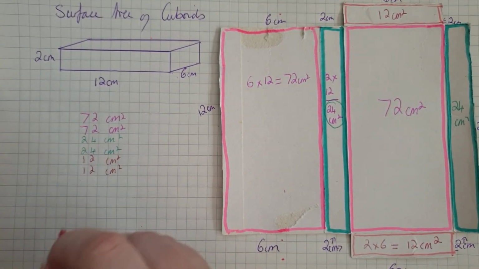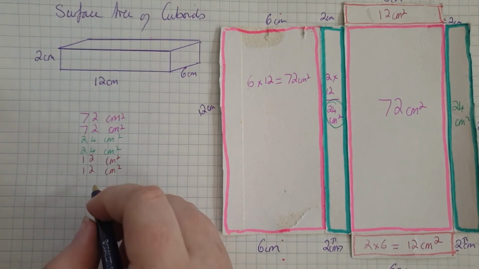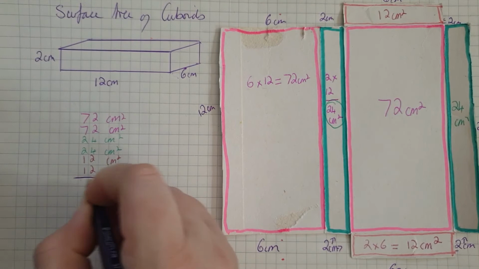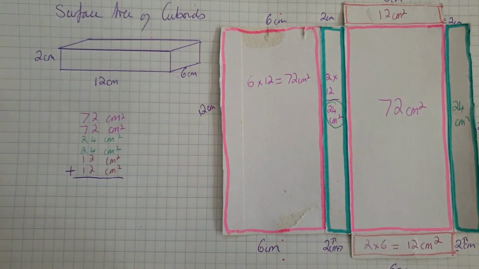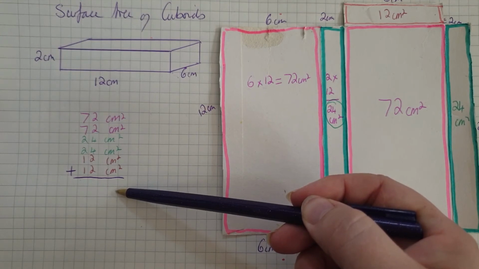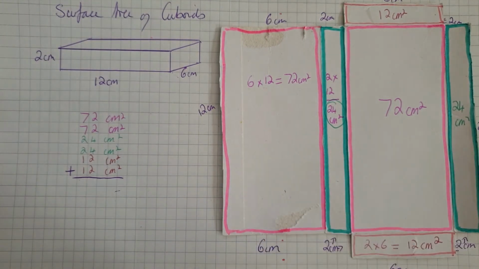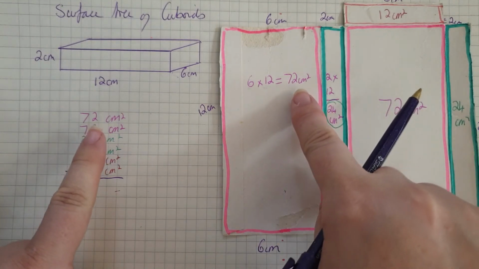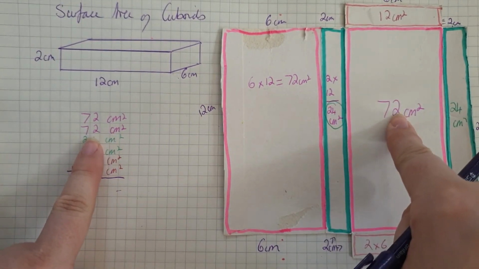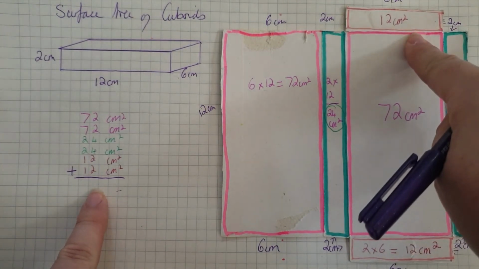Now, like I say, this is a calculator paper, but anytime we have any calculator questions, what you must always do is jot down what calculations you are putting into the calculator. That way we know what method you've used. So I've got 72, 72, 24 and 24, 12 and 12.